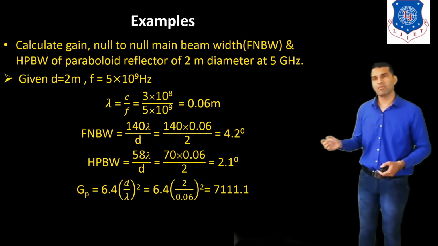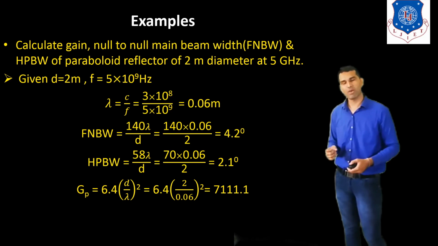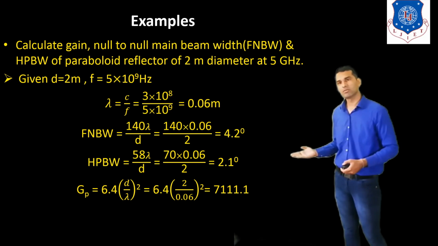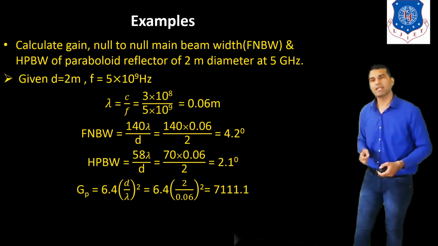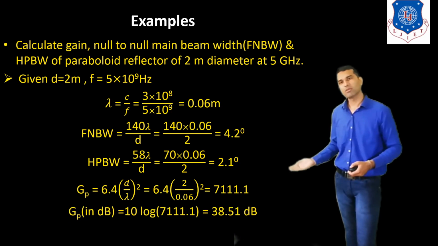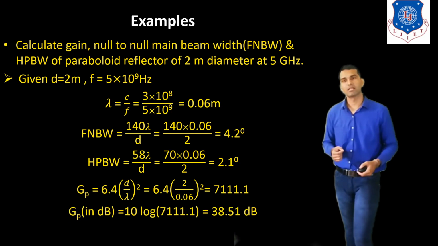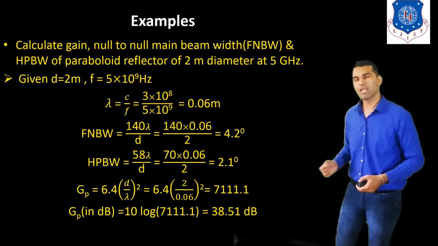The gain we can calculate using the equation 6.4 D by lambda square, where D is equal to 2 and lambda is equal to 0.06. So we get the gain equal to 711.1, and when we convert into dB, we get 38.51 dB gain. So this is the gain for this antenna.